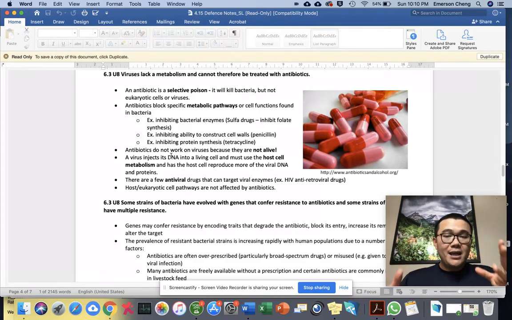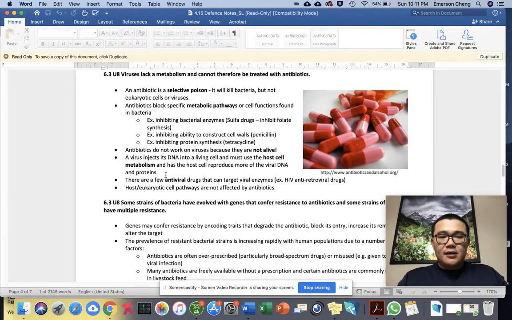Antibiotics might be prescribed because sometimes a viral infection might cause a secondary bacterial infection, such as you catch the flu and then next thing you know, you've got pneumonia, that kind of stuff. Or it makes you more susceptible to bacterial pneumonia.